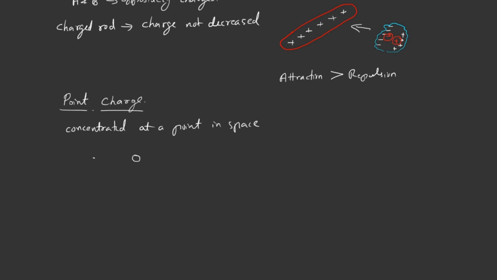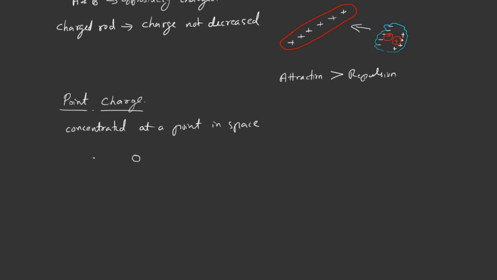As it goes far away, the size is observed to be very small, and then it is considered to be a point when the distance is much farther away. So the point depends on the distances.